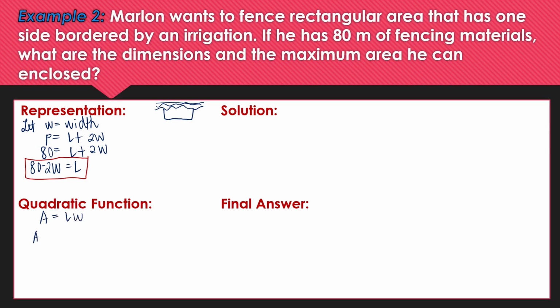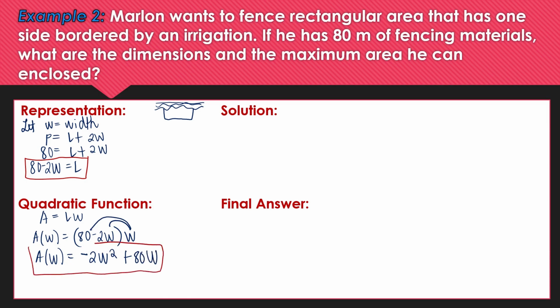So area in terms of W is equal to 80 minus 2W times the width. Arranging this in general form, A of W is equal to W times negative 2W is negative 2W squared, and W times 80 is positive 80W. So this is the general form.